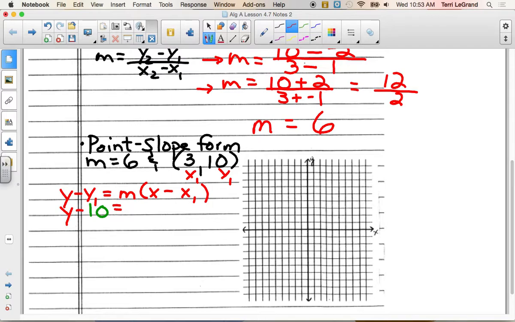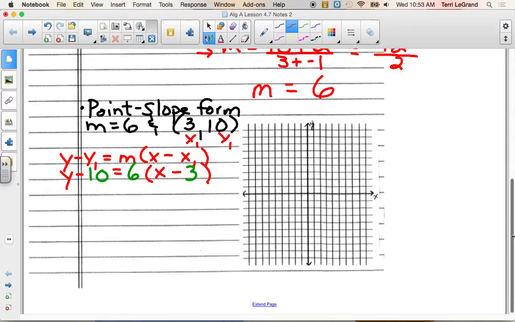We're going to substitute in for our slope. What are we going to put in for our slope? 6. We're going to substitute in, we don't substitute in for x, but we substitute in for the x sub 1. What are we going to put in for that? 3. So we substituted in those 3 pieces just like we've been doing.